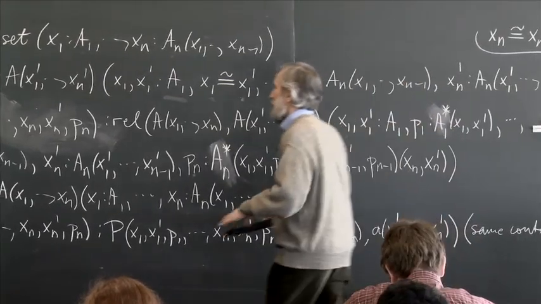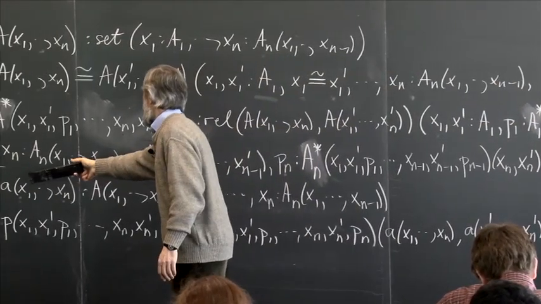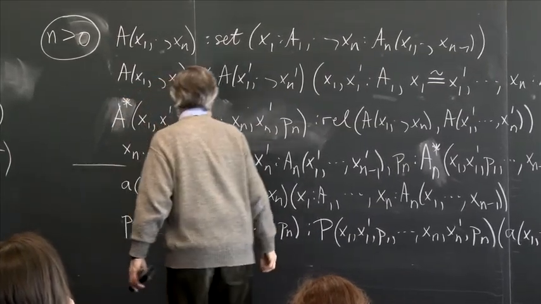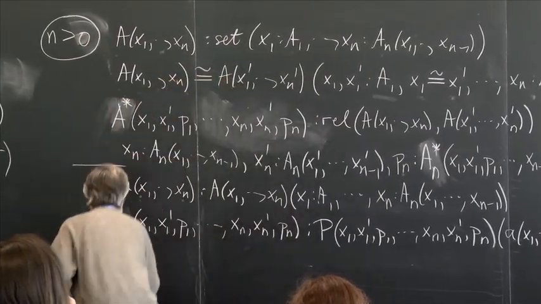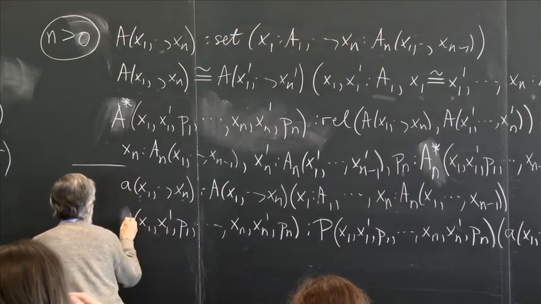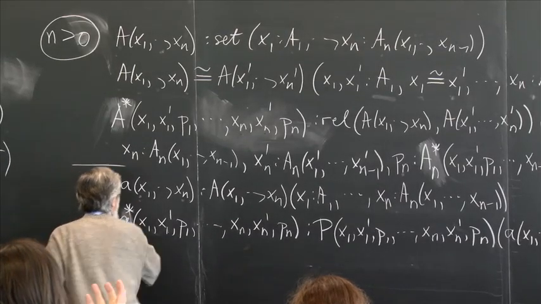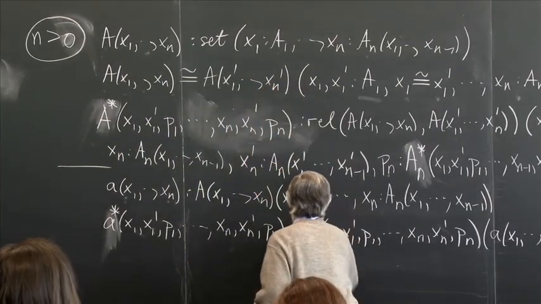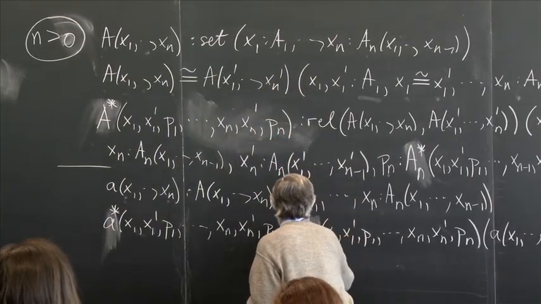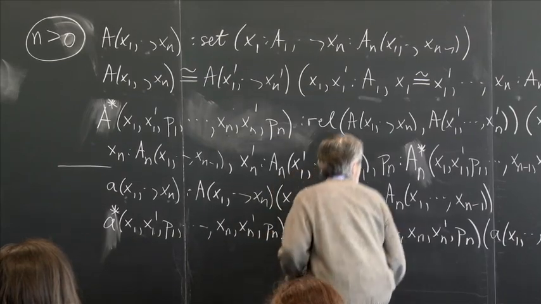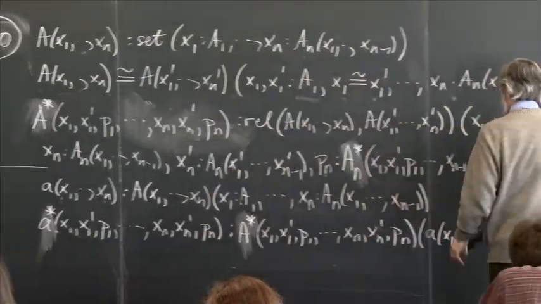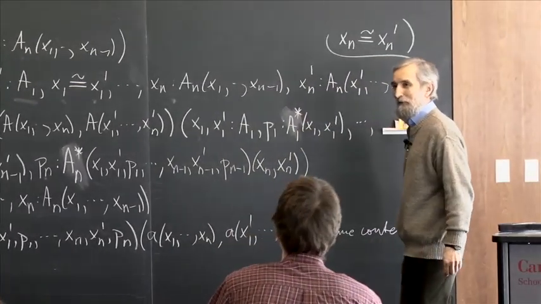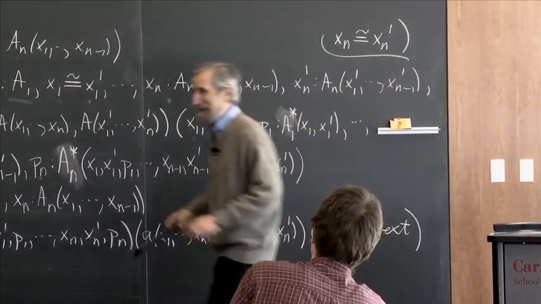And similarly, in this case, we will have little a star here, which will prove capital A star of this. And then nothing to change here because I've cleverly written the same context.